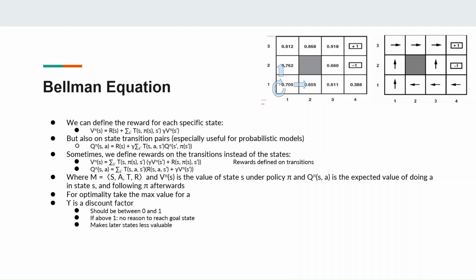Here we define the value for a state, here we define the value for a state and an action, here we define them for state transitions, right? So we define it for something else. So V is for the states and Q is for the transitions, I believe. But it may be that this is a typo, so I would check the slides just to make sure.